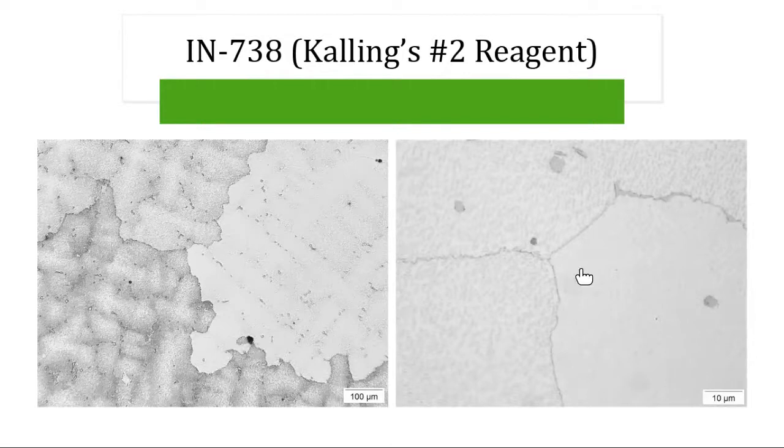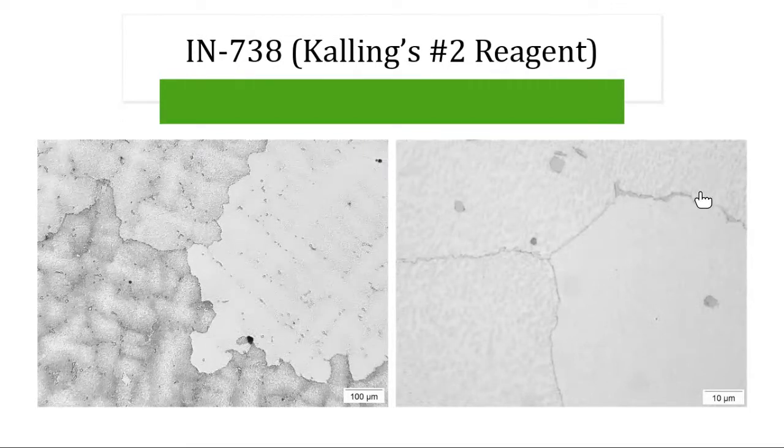At a higher magnification, which is 1000x on the right, you can see the grain boundary, and I'm looking at a bunch of little specks within the grain. I have darker, gray carbides within the grain, and grain boundary carbides located at the grain boundaries, but I'm still not sure what all these little guys are in here.